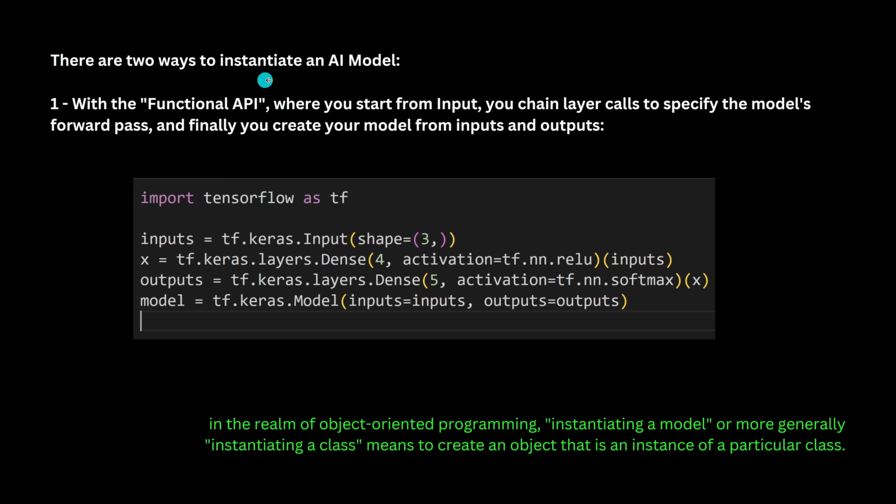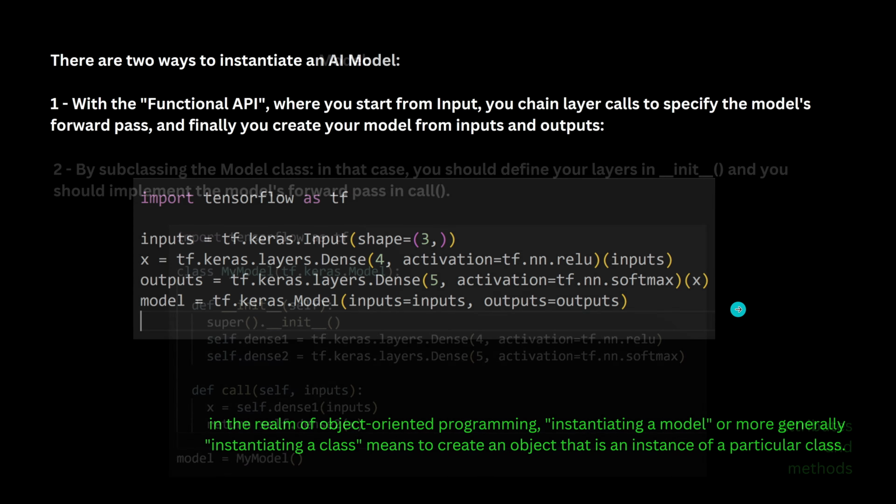There are two ways to create here a model. The first one is the functional API that you know. You start from the input, you chain your layer calls for a specific forward pass, you create all your models from the input and the output, and this is it. This is what we do, for example, here in TensorFlow.